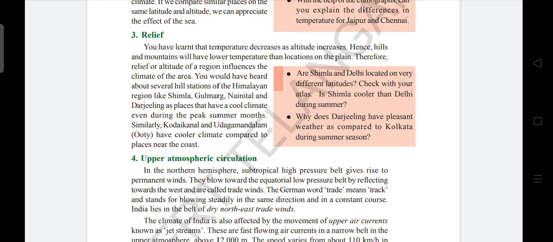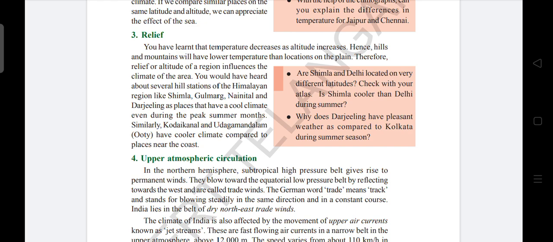So these hill stations are very cool even in summer. Similarly, Kodaikanal and Udagamandalam, which means Ooty, have cooler climate compared to the places near the coast. Though the places on the coast may not have as much cooling as these two places, Kodaikanal and Udagamandalam.